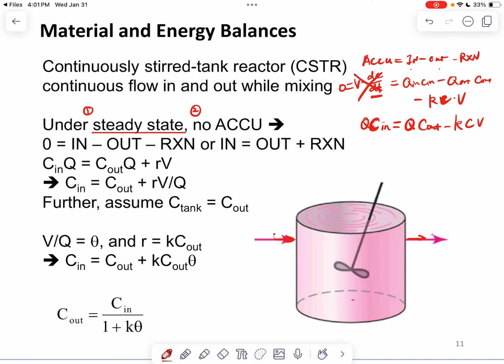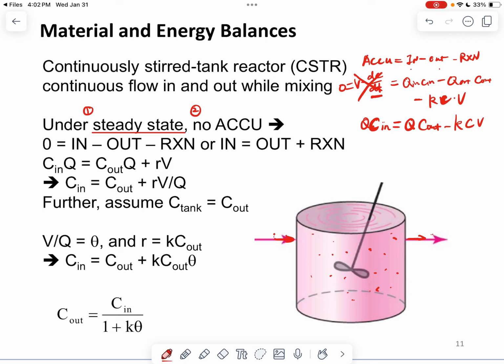since this is a continuously stirred tank reactor, we just assume that the concentration inside the tank everywhere is the same. Let's assume that we have a very powerful stirrer, right? So as soon as the inflow gets mixed, or as soon as the pollutants get introduced into the tank, they get suspended evenly, and then the concentration everywhere is the same.